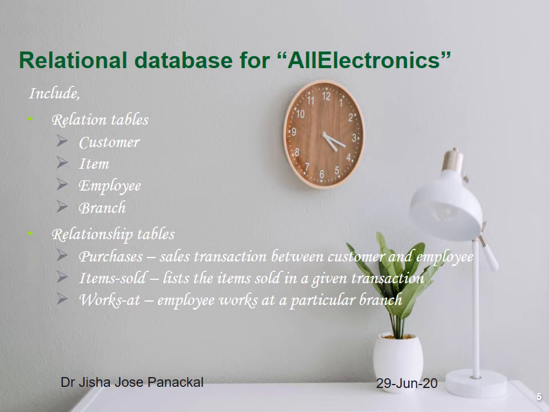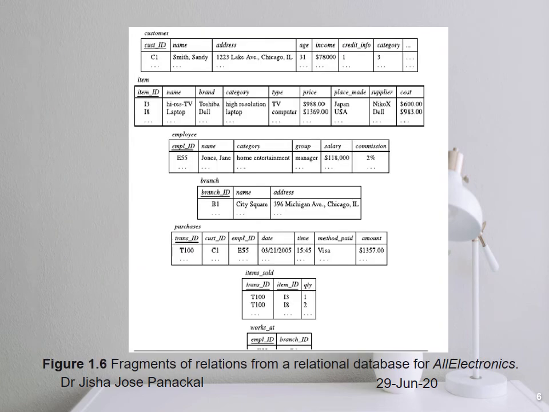These are the basics we look at when we consider a database. This is an example of a relational database, and we will see how it is represented in the next slide.